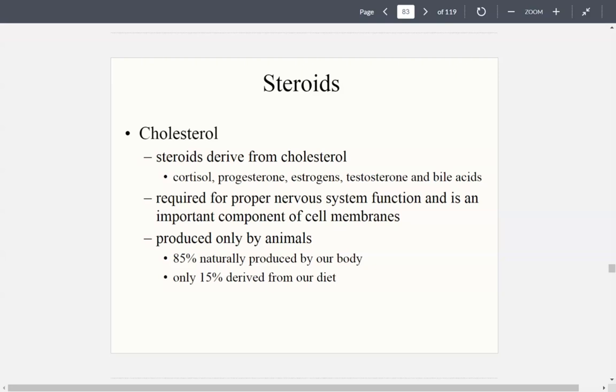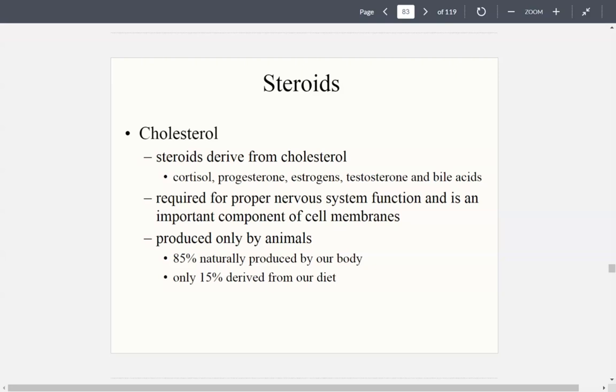Cholesterol has a huge number of reasons why it's used in the body. It's used in a bunch of different places, but it is going to be responsible for creating a slew of hormones, steroid-based hormones. What are steroid-based hormones? Estrogen, testosterone, progesterone.